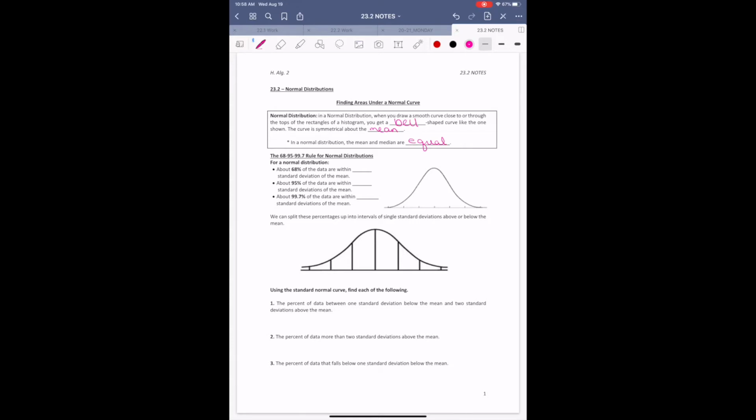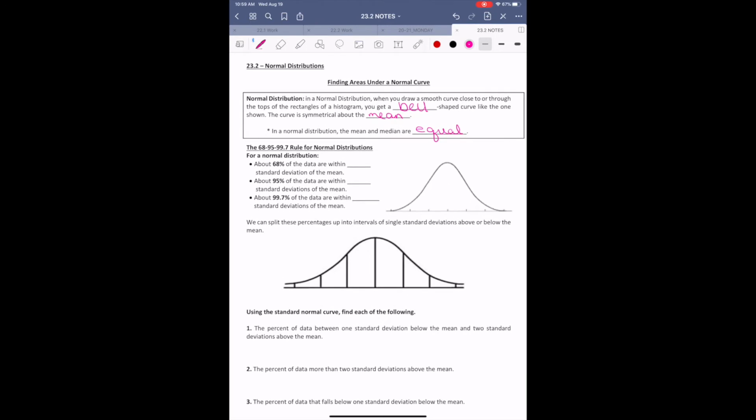So if you look here at the center diagram, this is the bell curve, okay? This is what we refer to as the bell curve. Your mean is always going to be in the center, and your data will be symmetric, which means you have equal amount of data to the left and equal amount of data to the right, okay?